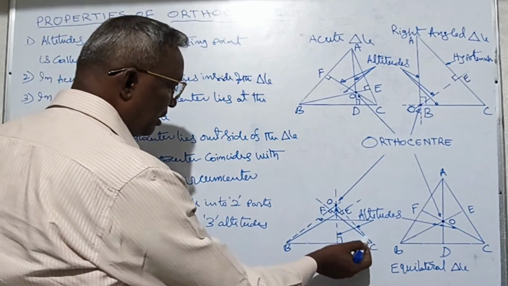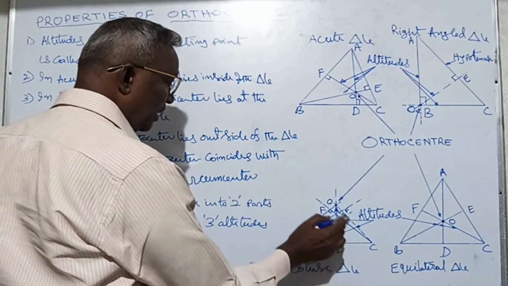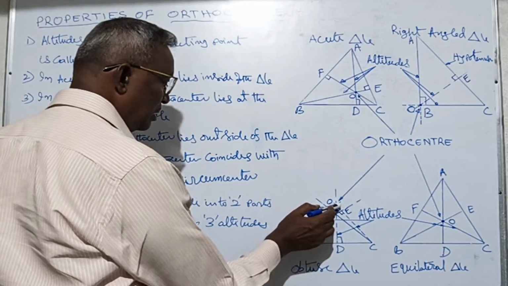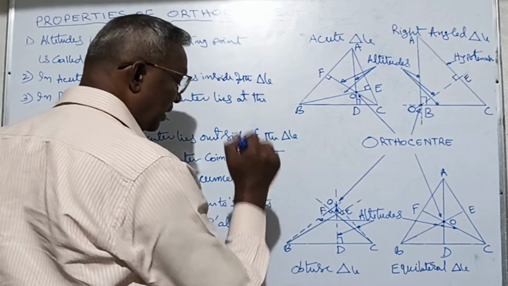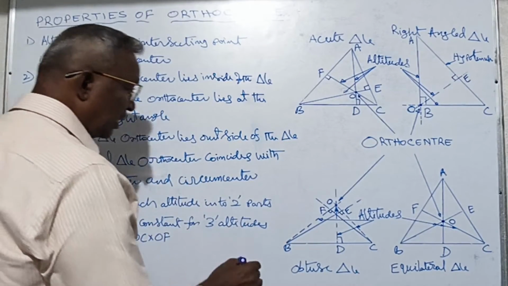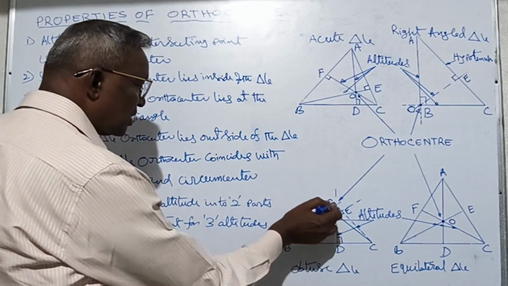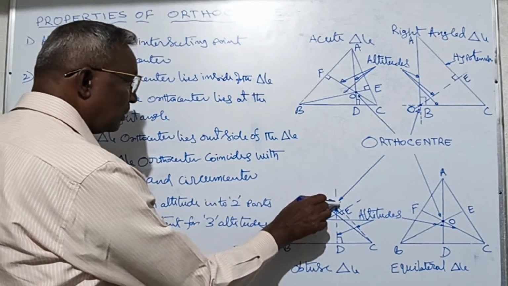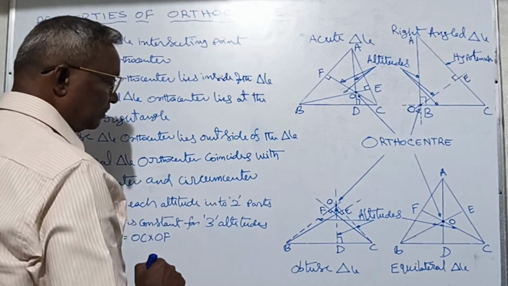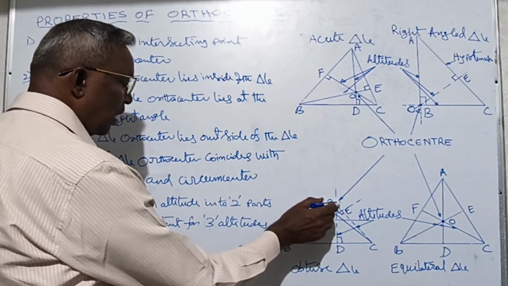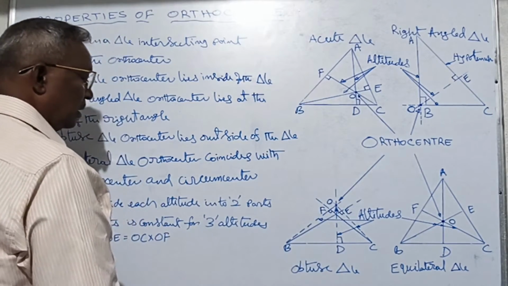Similarly, this also. Three altitudes intersect outside of the triangle. Actually here the triangle is ABC, but the orthocenter is outside of the triangle.